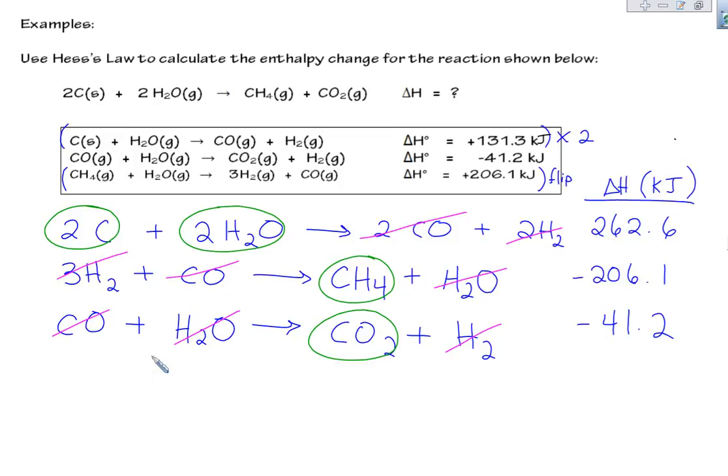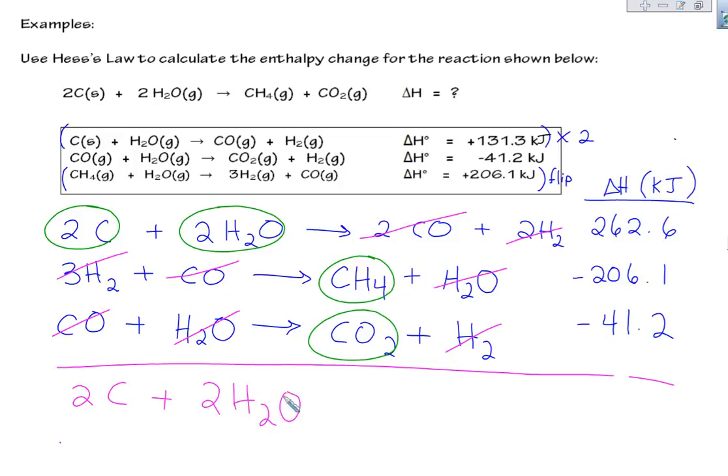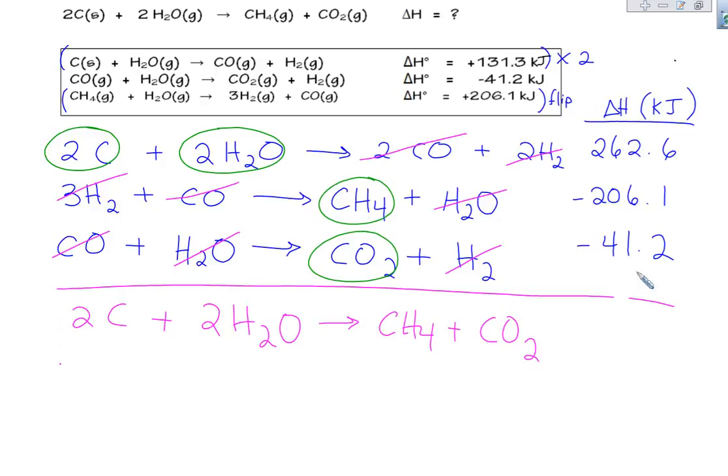So if this adds up to the desired equation, which it does, whoopsie, 2 carbons. Why was I writing carbon monoxide? 2 carbons, 2 waters, the CH4 methane, and the carbon dioxide, then all I got to do is add those delta H values, and we have the overall energy change for this reaction.